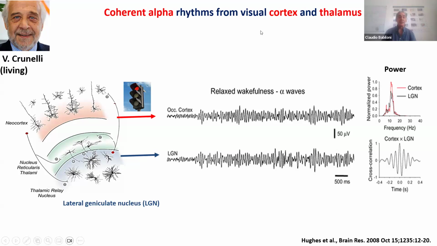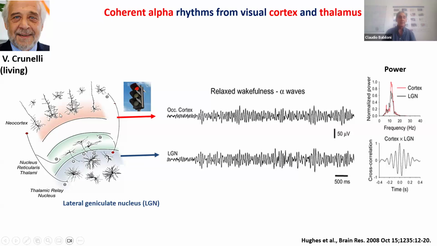Vincenzo Crunelli is an Italian researcher working in Cardiff in United Kingdom, and his group was able to provide some very nice findings about the involvement of the cerebral cortex and the thalamus in the generation of ongoing alpha rhythms in quiet vigilance.